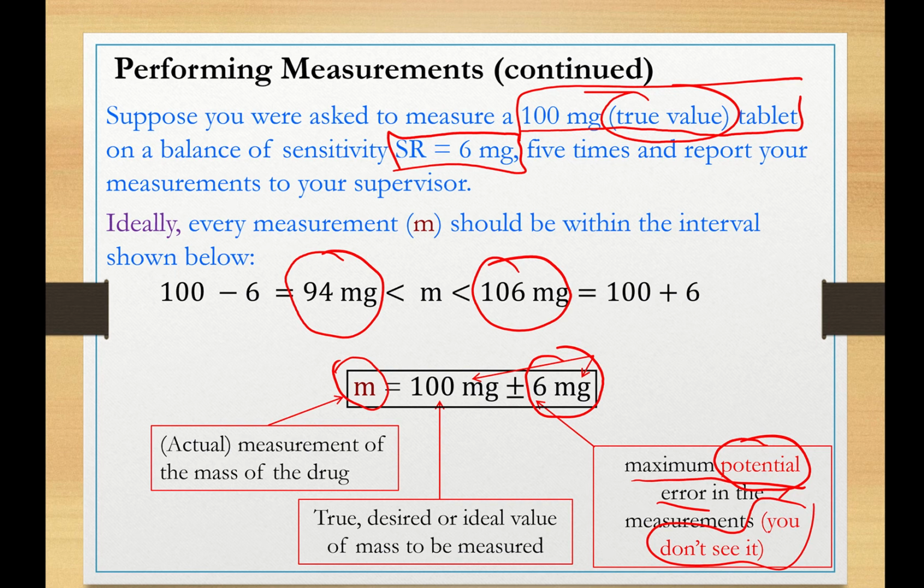Your balance may show 96 milligrams or 102 milligrams. That's because of the sensitivity requirement of the balance. That's the uncertainty in the measurement. And of course, the unit here is milligrams.